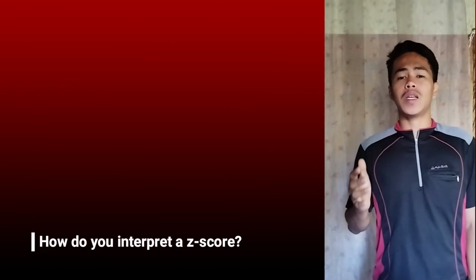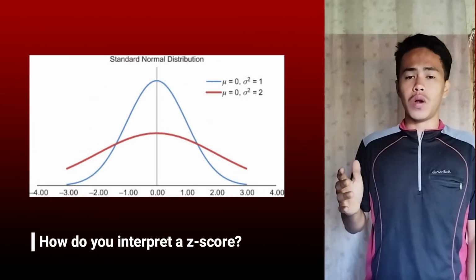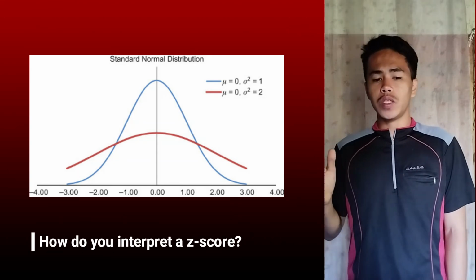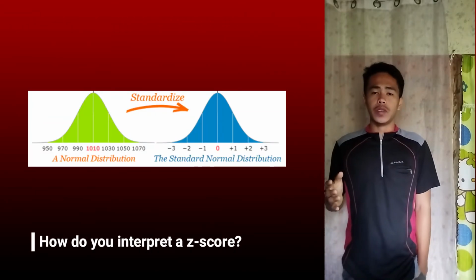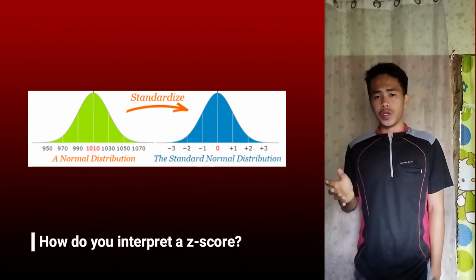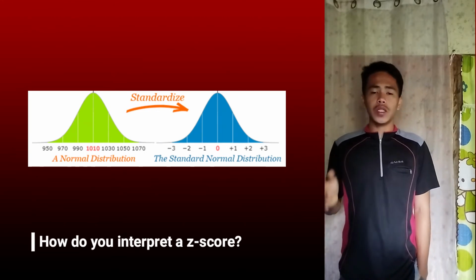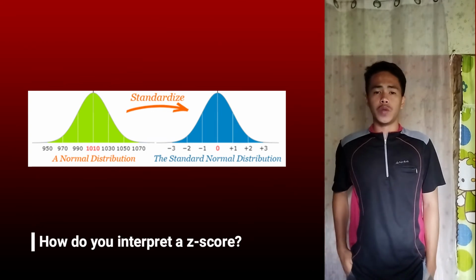Another way to interpret a z-score is by creating a standard normal distribution, also known as the z-score distribution or the probability distribution. Here's a figure that illustrates the standard normal distribution and the normal distribution. First, the SND or the z distribution is always the same shape as the raw score distribution.